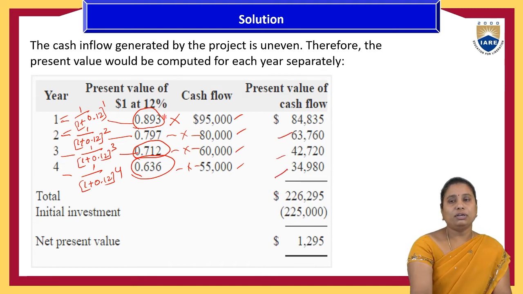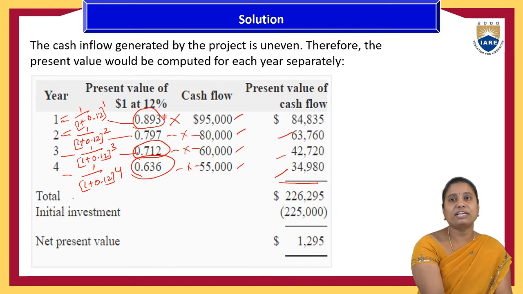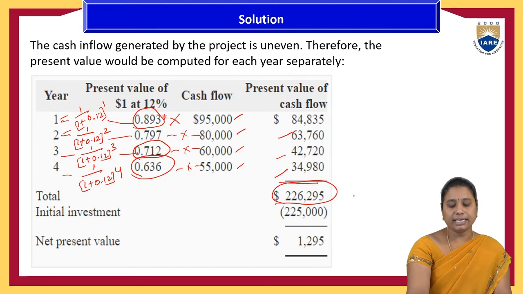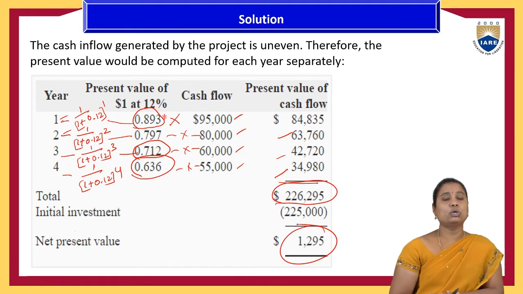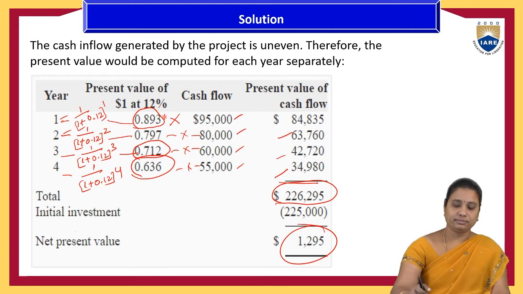If we add them, this is called the summation of present value of cash inflows: 2,26,295. Whereas the initial investment is 2,25,000, which means there is a surplus of 1,295 rupees. So it is better to purchase that particular machinery.